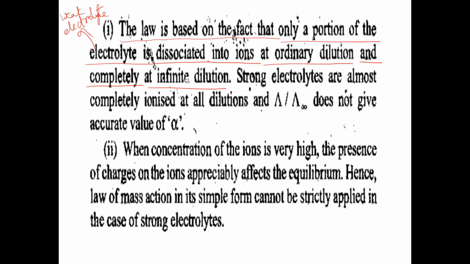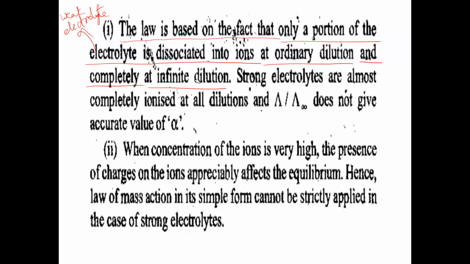When we add a very large quantity of water to the given weak electrolyte, that is called infinite dilution. At infinite dilution, the dissociation will be complete. But at ordinary conditions, at ordinary dilution, more weak electrolyte will be there and less water will be there. At this ordinary dilution, the electrolyte will be dissociated only to some extent.